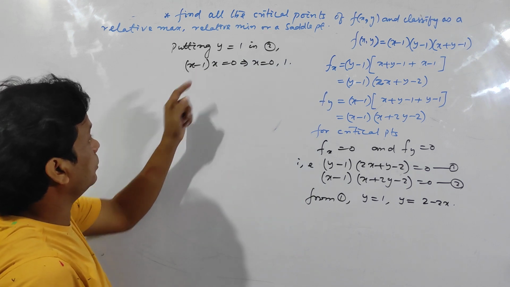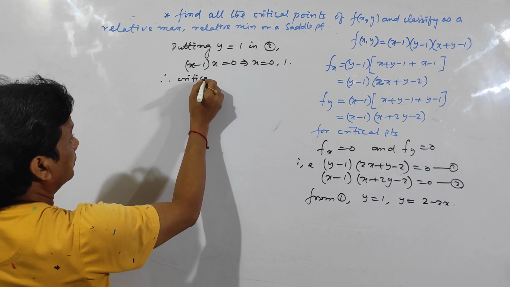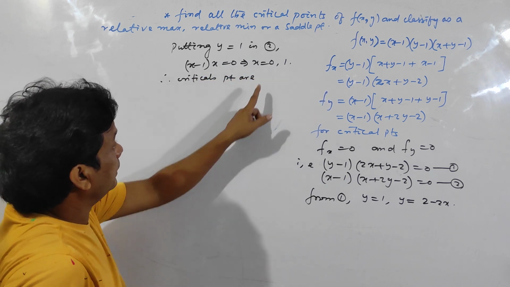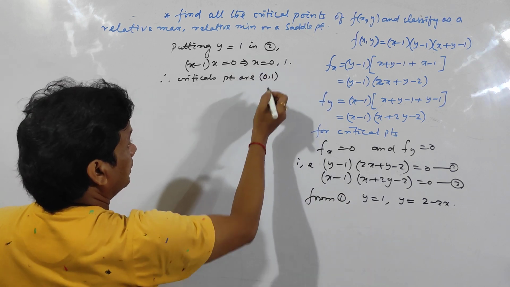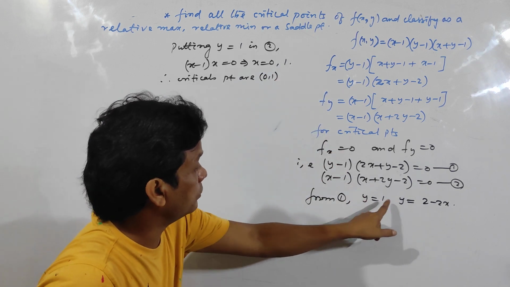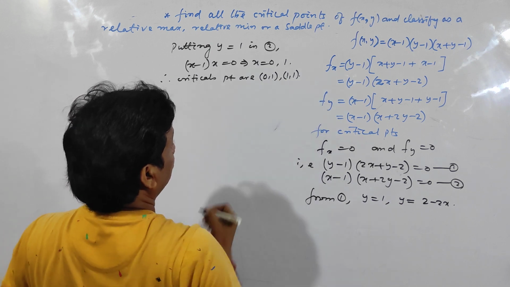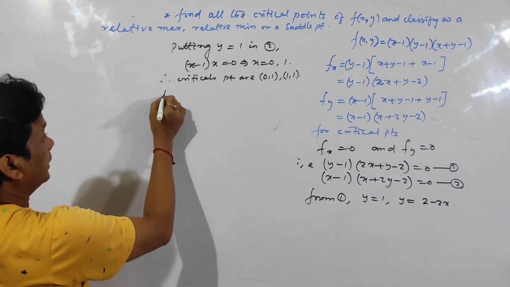So the critical points are x is equal to 0, y is equal to 1, so 0, 1, first case. And x is equal to 1, y is equal to 1, so 1, 1. That is the first case, for y is equal to 1.